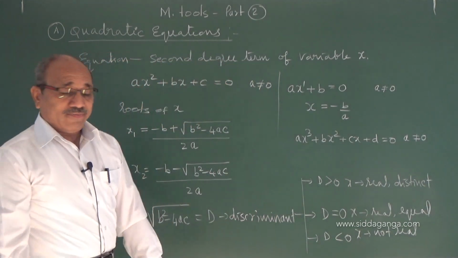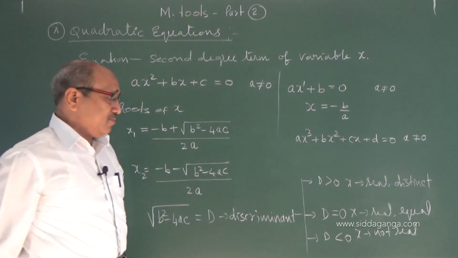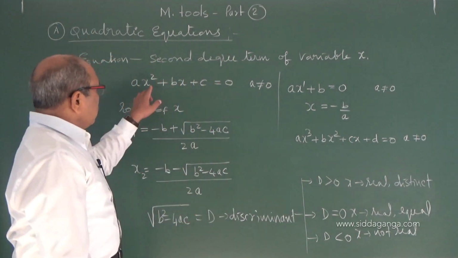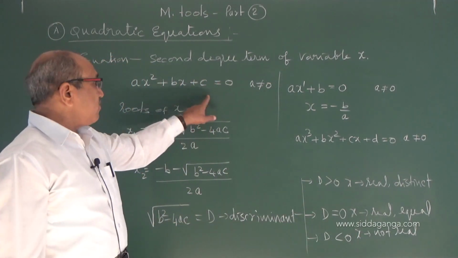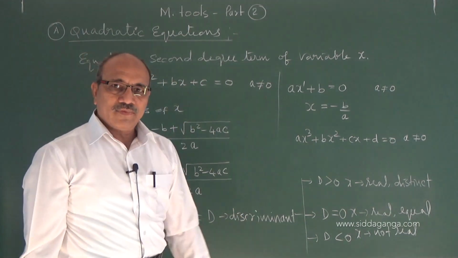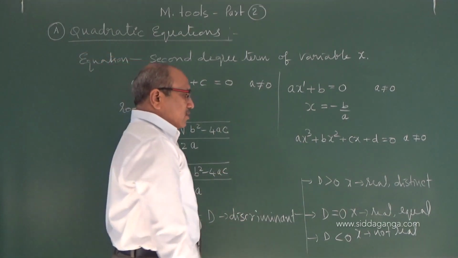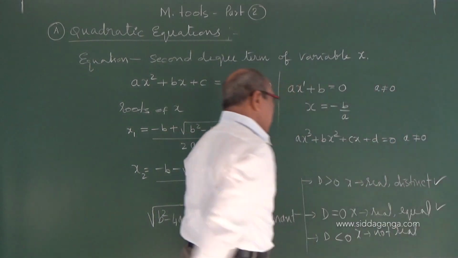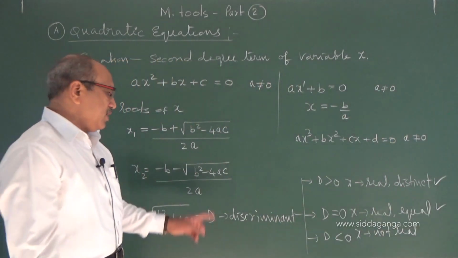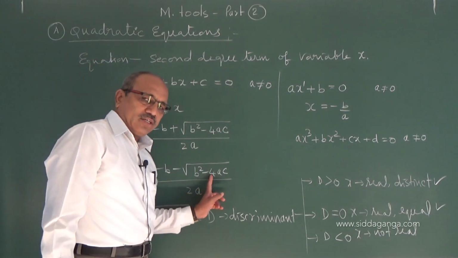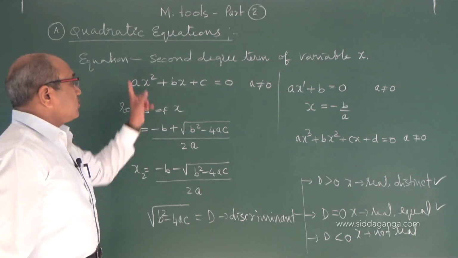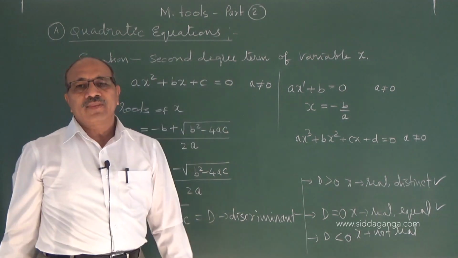In physics, I already told you that I am not teaching mathematics. In physics, we need the solution, that is, finding the value of x, where we concentrate on the possible values of x. The discriminant value is most often greater than 0 or at most equal to 0, where x can be assigned two possible values in a quadratic equation.